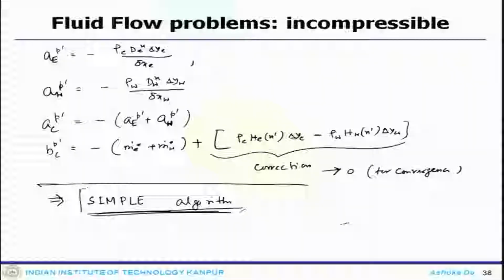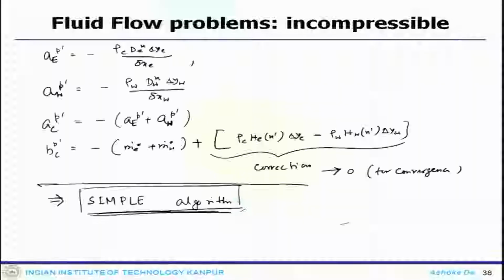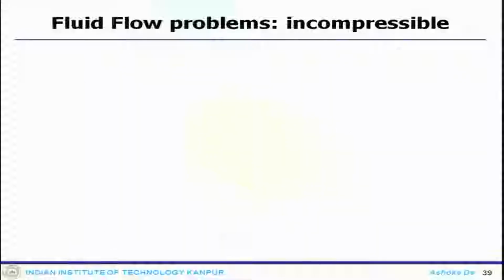This is what essentially is done in the simple algorithm. Now, we will look at how the algorithm actually works, but please keep in mind, what we are deriving here is on a staggered grid. So, whatever we have been doing here, this algorithm and the correction terms, are in the staggered grid system.